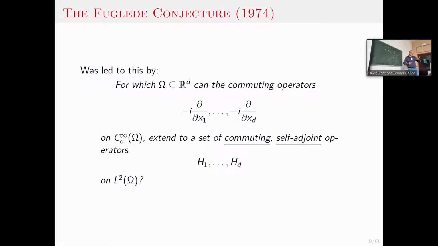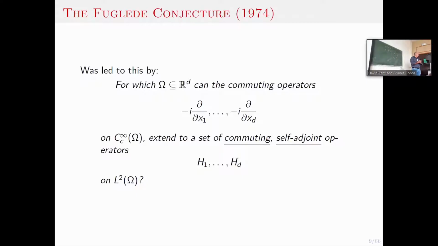Well, I mean, Fuglede was not doing this kind of geometry, but he was doing PDE, right? And he had reduced this question, which you see here, to the previous one. So he wanted to do the following. He starts with a domain omega, and he looks at the partial differentiation operators, which commute if you apply them on smooth functions. But if you want to extend them to L2, where you can actually not differentiate things, when can you extend the partial differential operators to a commuting set of self-adjoint operators?